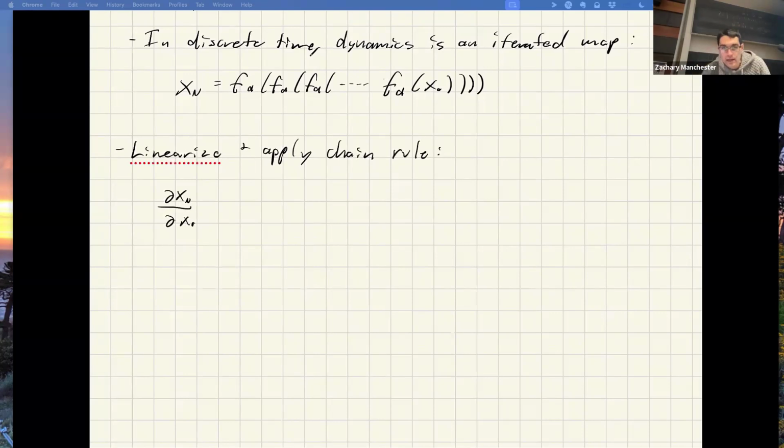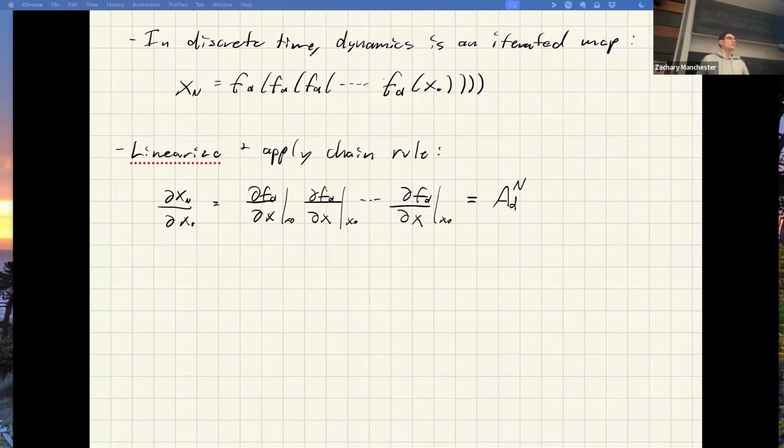This is going to turn into df/dx evaluated at x naught times df/dx, and so on. Lots of these chained together. What this comes down to, we're going to write A sub d for discrete time for now, to the nth power, basically. That makes sense to everybody?